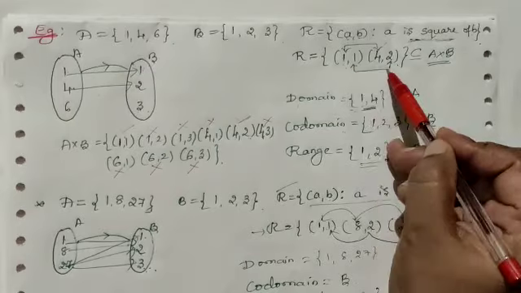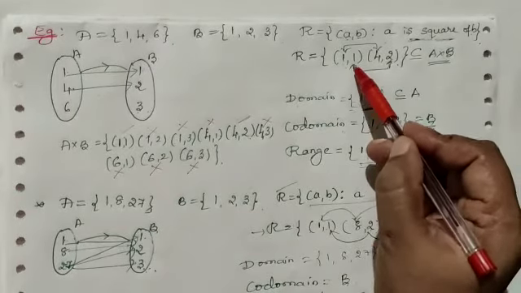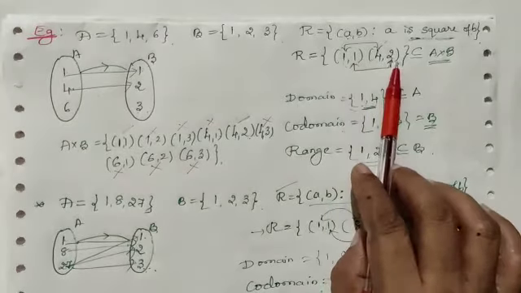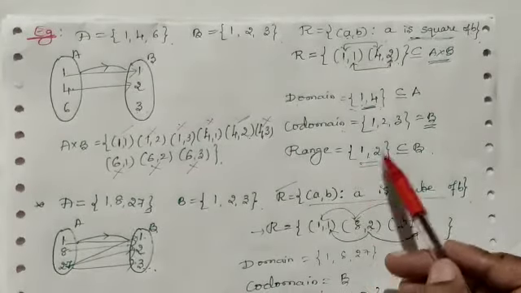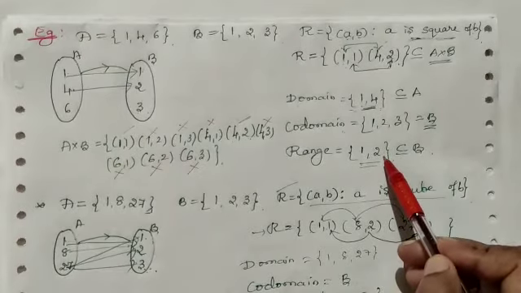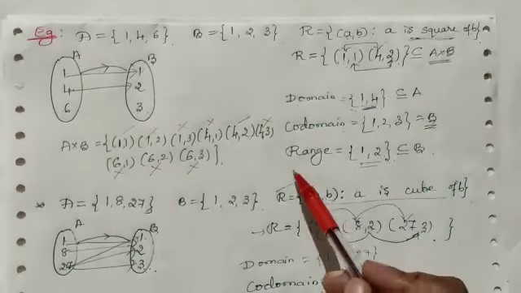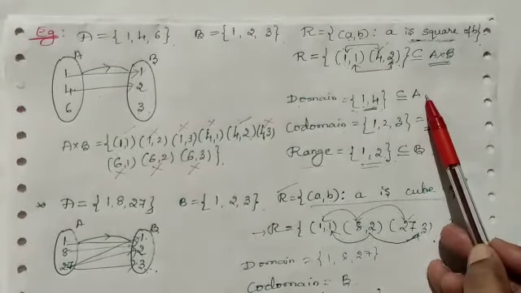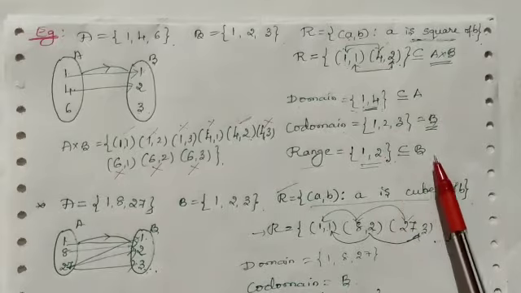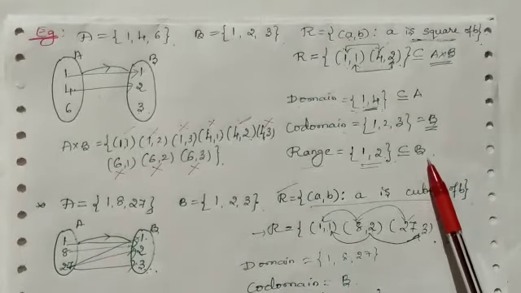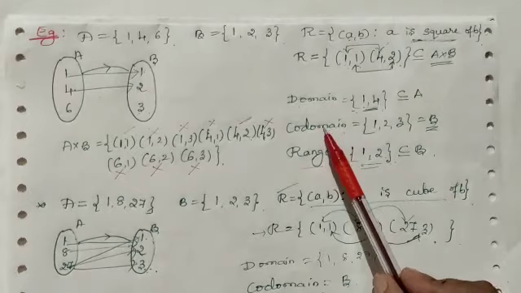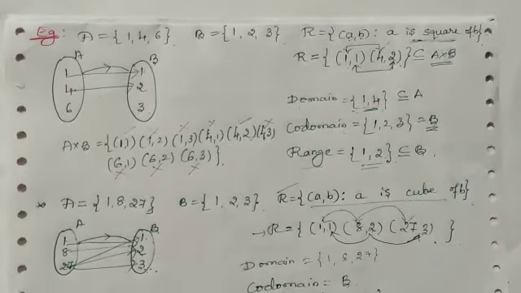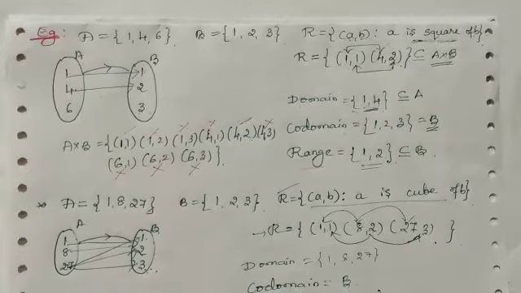The set containing all the second elements of the ordered pairs, in this example 1 and 2. Collect it. So the set containing all the second elements of the ordered pairs forms our range. So domain is a subset of the first set. Range is a subset of the second set, that is the codomain. The second set itself is our codomain. So hope you understood.